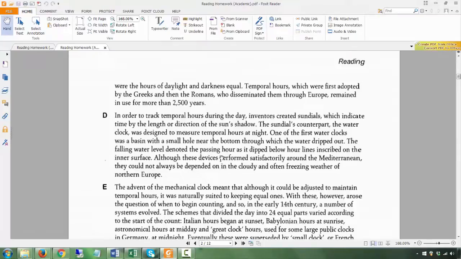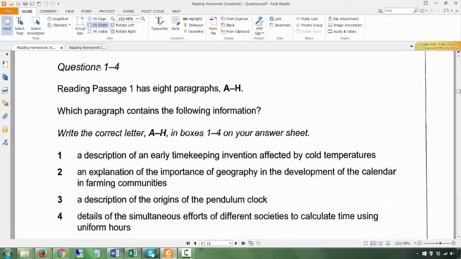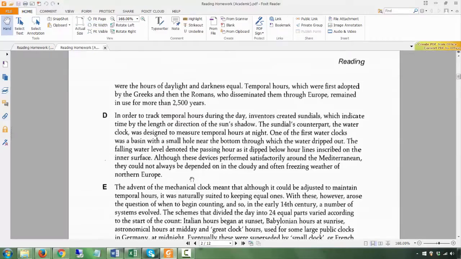Although these devices performed satisfactorily around the Mediterranean, they could not always be depended on. If they could not be depended on, it means basically they are affected by something. So they could not always be depended on in the cloudy and often freezing weather of Northern Europe.